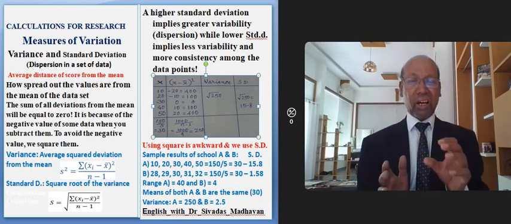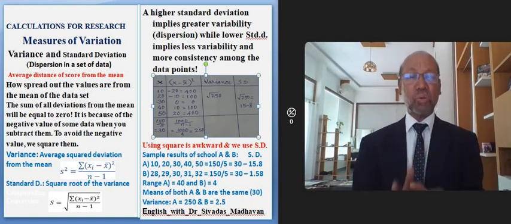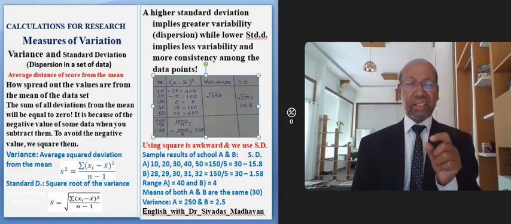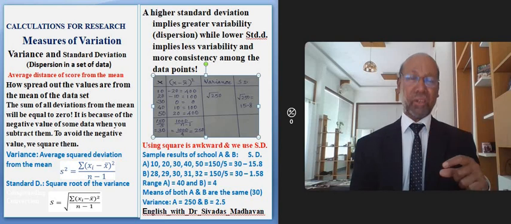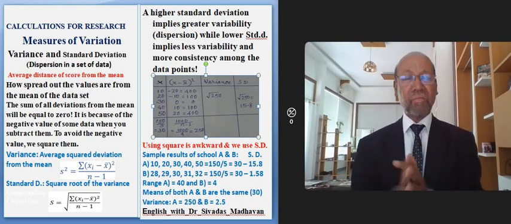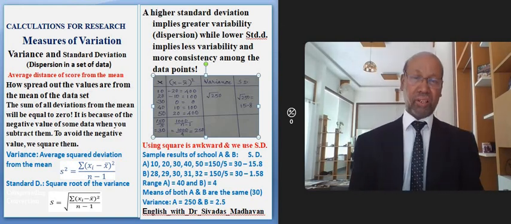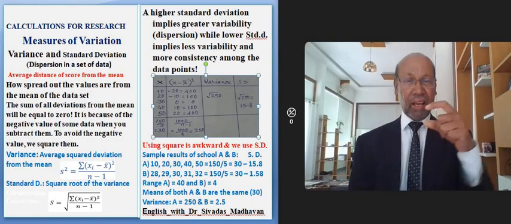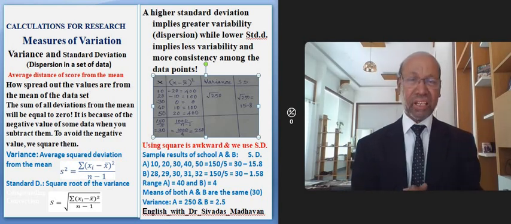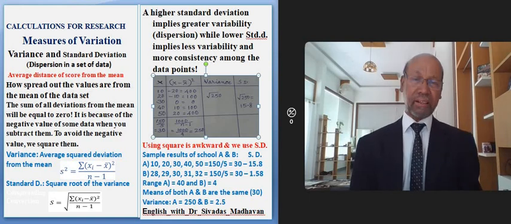These are the data points, the marks collected from 5 students of a school. To find the variance, you have to subtract the mean from the data points. 10, 20, 30, 40, and 50 will have a total of 150, divided by 5 will be 30. So 30 is the mean.